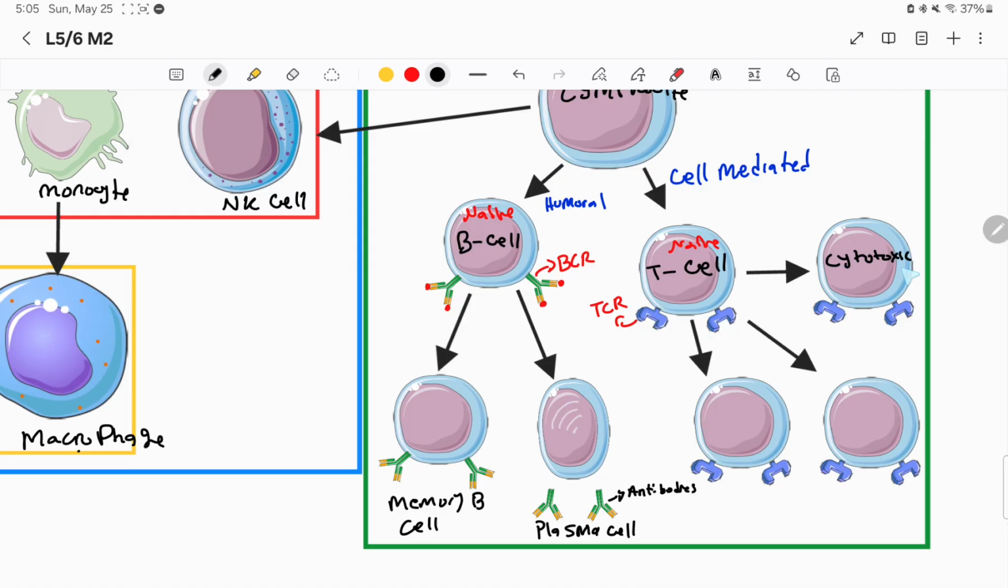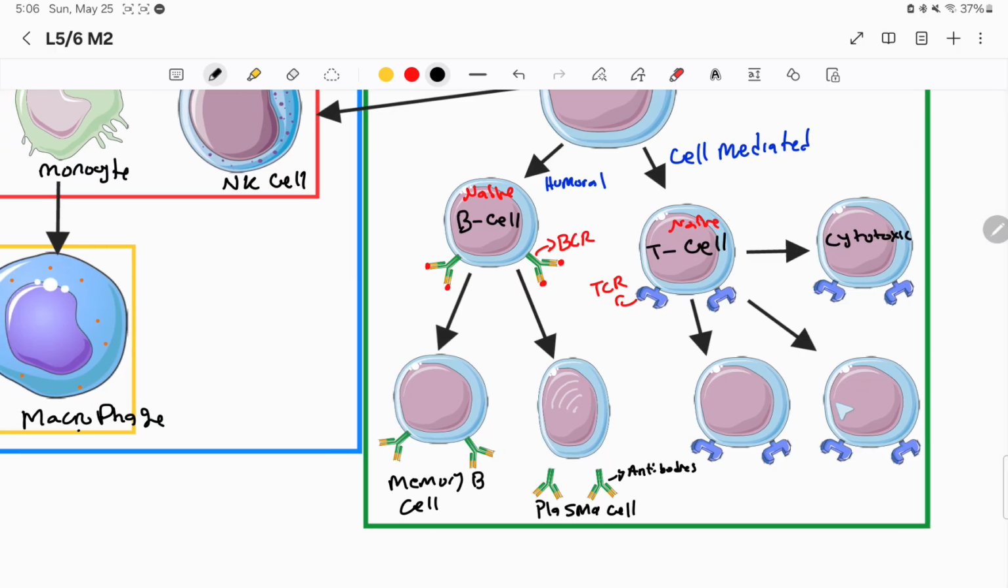This one's also called a killer T cell. I think it's pretty accurately named because its job is to literally go stand face to face with the pathogen and just kill it right there. That's why they call it cell-mediated, because the cell itself will mediate the killing of the pathogen, okay?